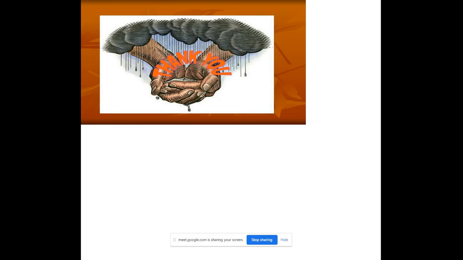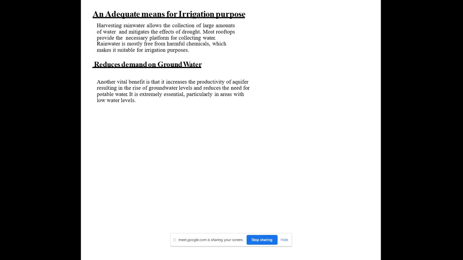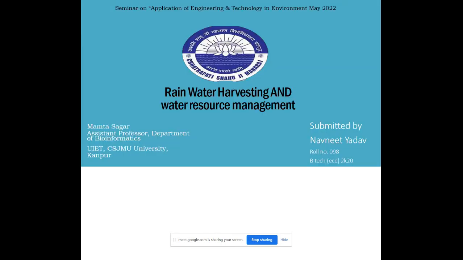Ma'am, my home was built by my grandfather. So whenever I build my own home, I will use the water harvesting method. People in the surrounding area are using it. Okay, so you should have taken pictures of that. You could have shown that.